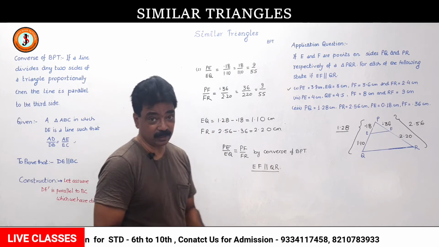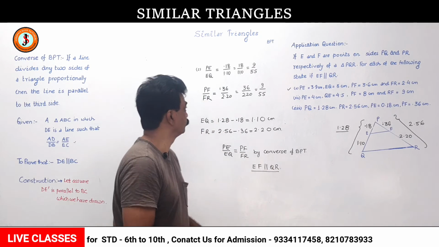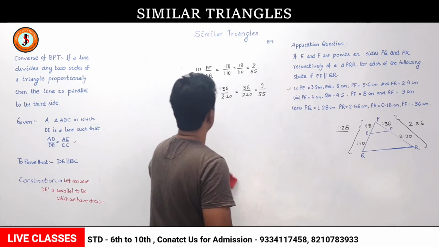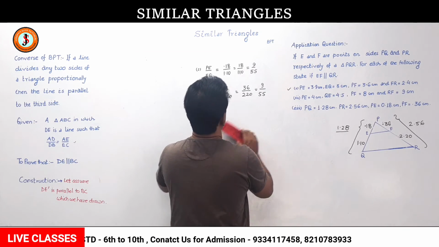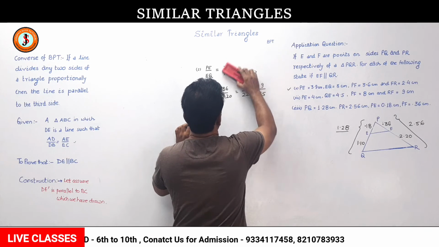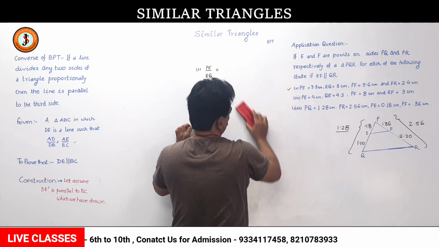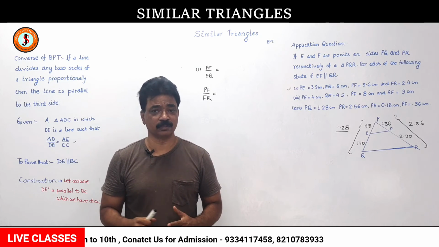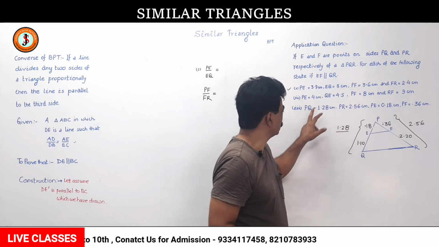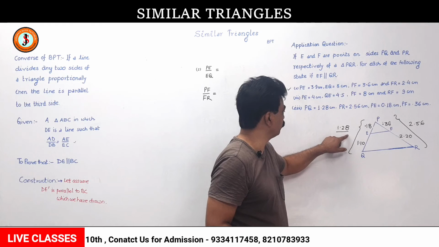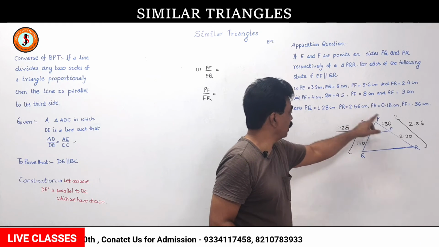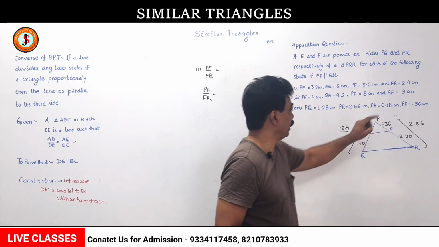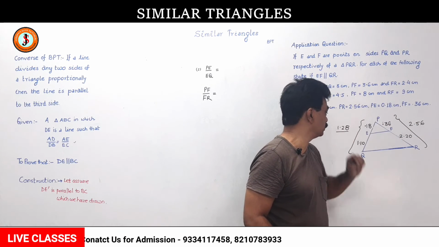Let us once again do this sum. So, we now move on to the third sum. The third sum says, let us have a look, PQ is equal to 1.28 and PR is equal to 2.56, PE is equal to 0.18 and PF is equal to 0.36.